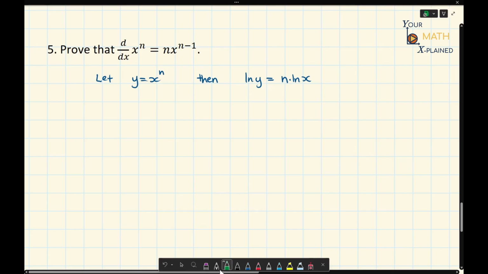And now we're going to take the derivative with respect to x on both sides. So we get d by dx of ln of y is equal to d by dx of n times ln of x. The left-hand side, we're going to get 1 over y times dy dx.